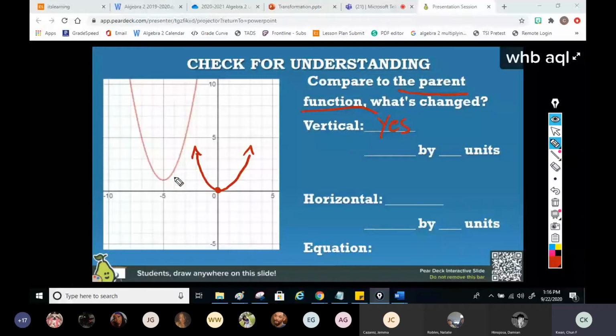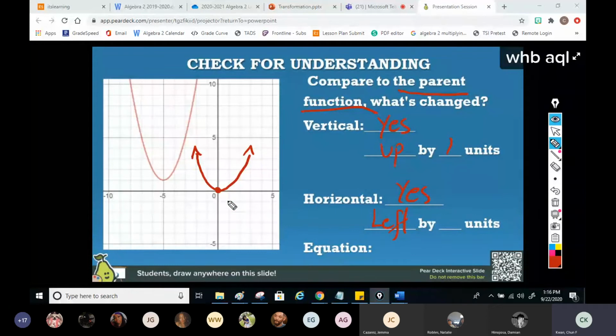I see a couple of you put no right here, but I'm pretty sure this thing shifted up and it should be pretty obvious. It's been shifted up by 1 unit. And then horizontal movement. So yes, it's shifted to the left.